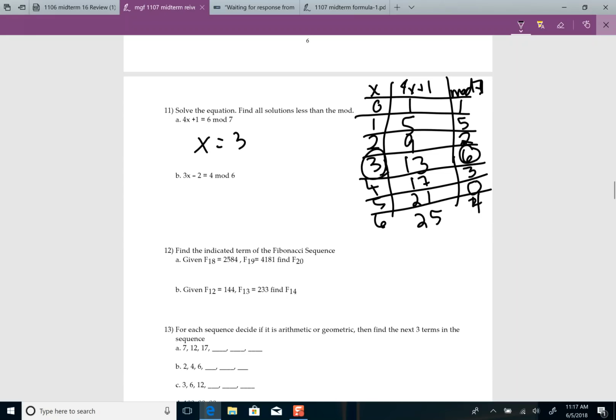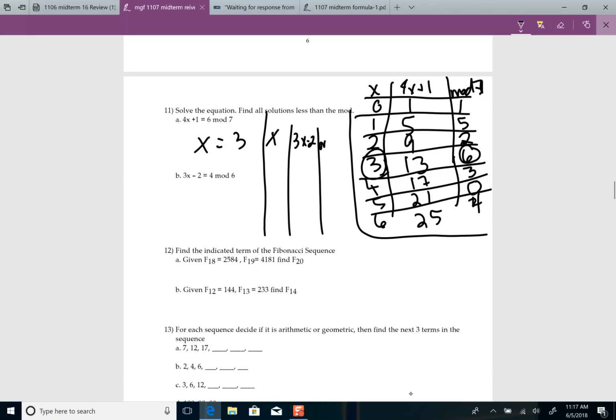Right. So I need to do the same thing again, but this time I'm doing 3x minus 2 mod 6. So let's see if I can kind of move this off and add a new one in. Okay.